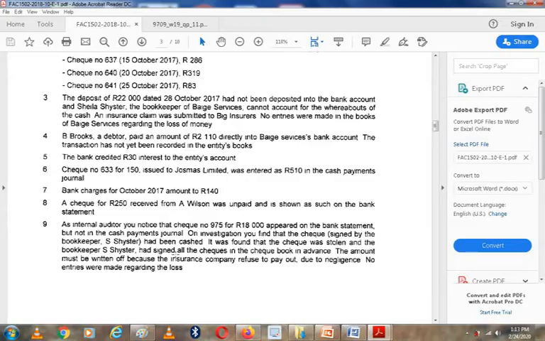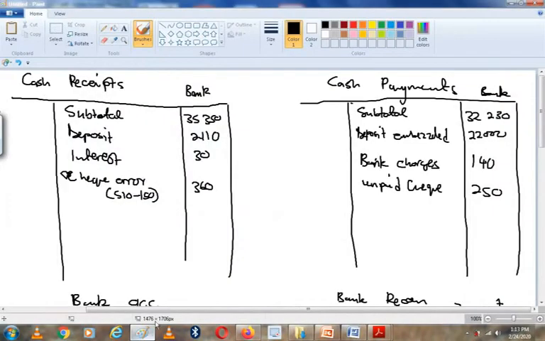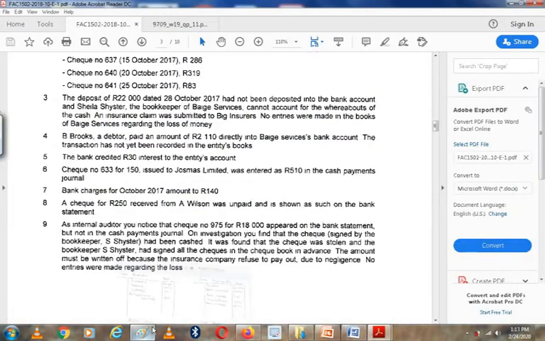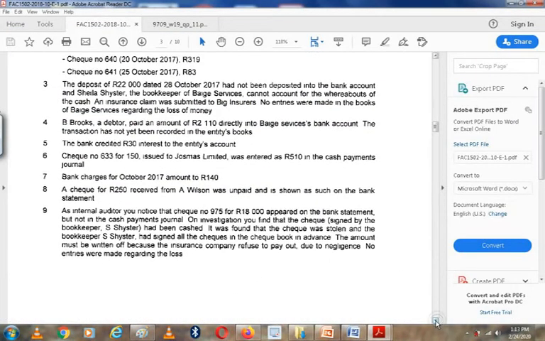So you need to record that the money has gone out on your payments because the money is already out of your bank. So 18,000 stolen check. Okay, so all those are the transactions there.